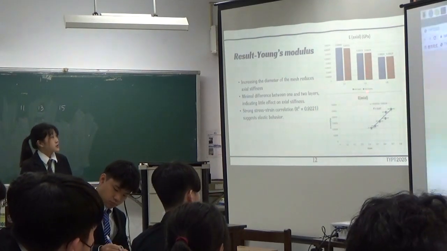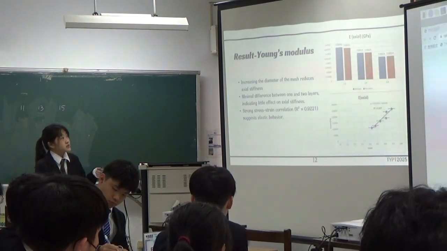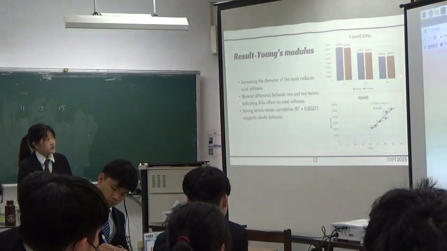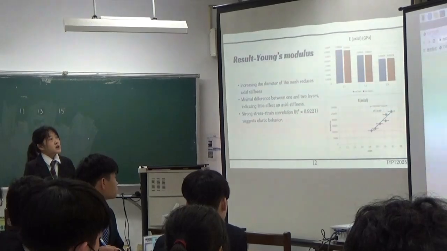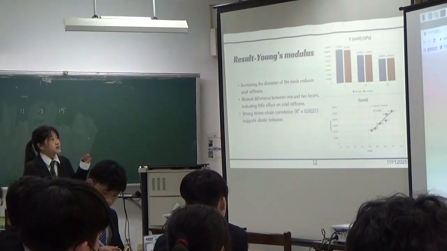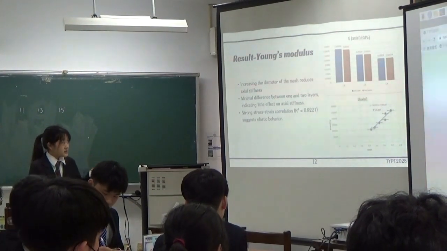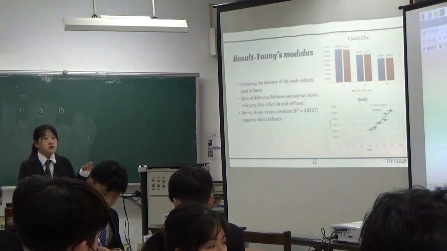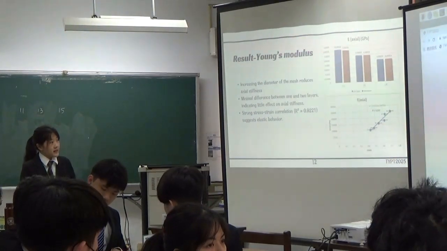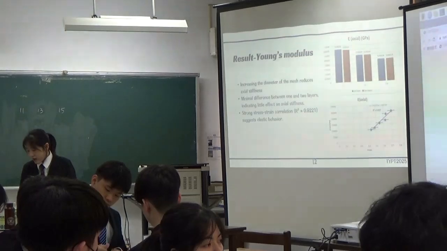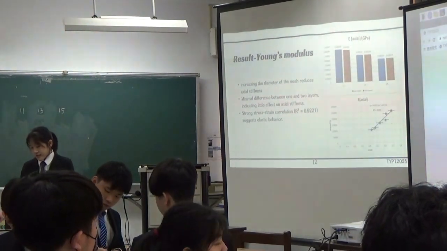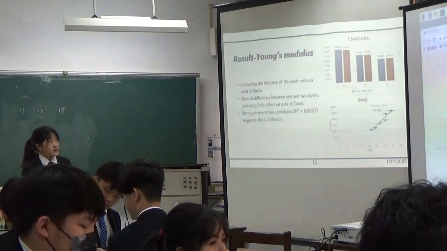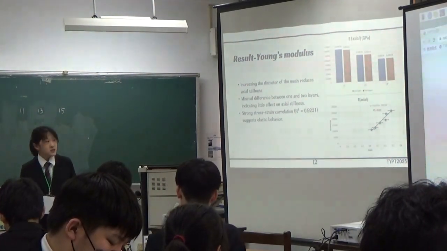If you want to ask why there are differences between these different diameters of mesh, it's because the ring angle with different diameters changes at different speeds during expansion. So that's why there are slight differences between them.